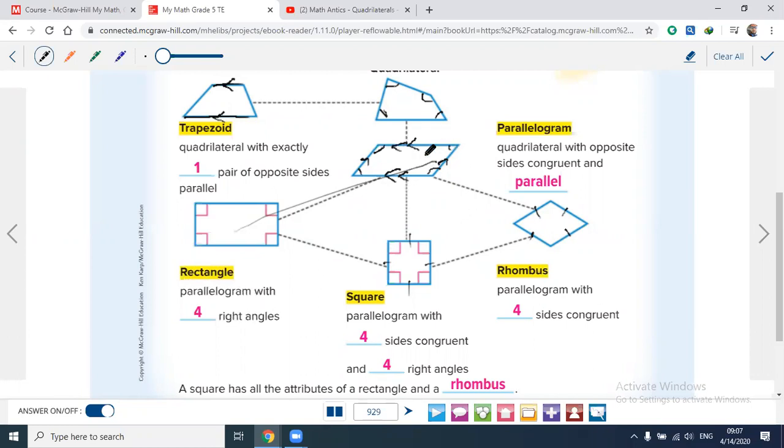Also, a parallelogram with equal sides will be a rhombus. And a parallelogram with 4 equal sides and 4 right angles will be a square. So a rhombus is a parallelogram with 4 congruent sides, and a square is a parallelogram with 4 congruent sides and 4 right angles. So a square has all the attributes of a rectangle and a rhombus.